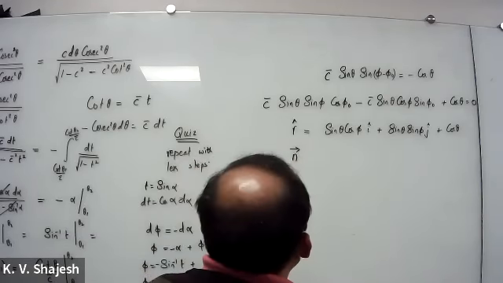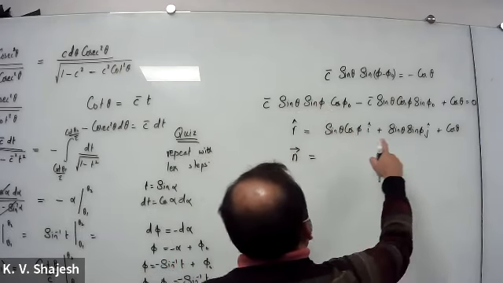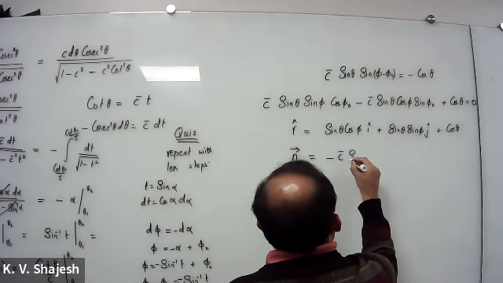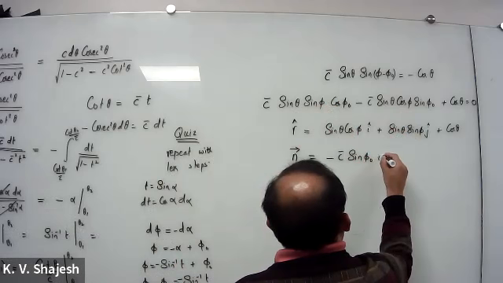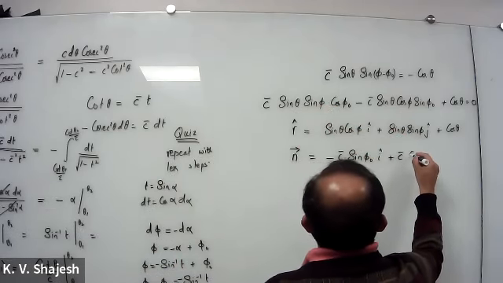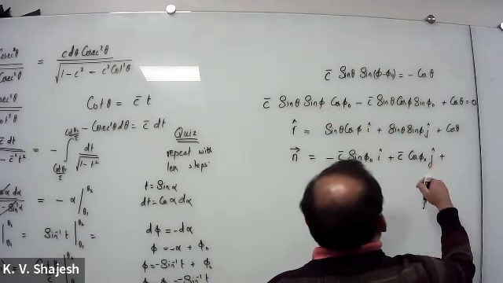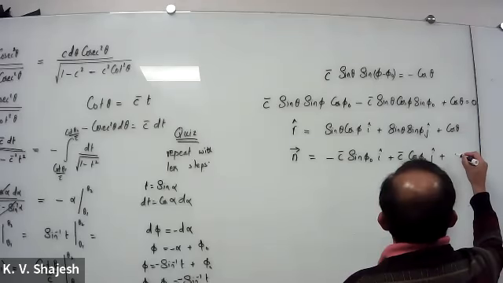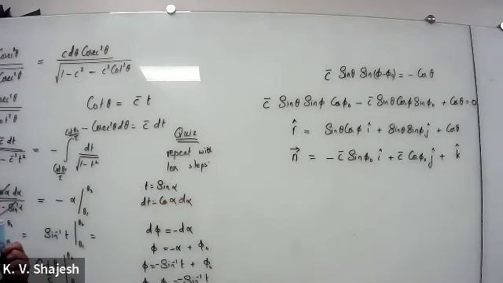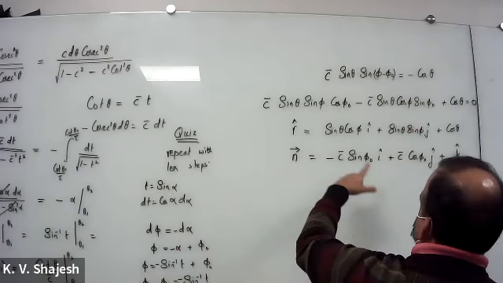The other one will be minus C bar sine of phi naught î plus C bar cosine of phi naught ĵ plus 1, I suppose. Yes, it is not really a unit vector, right?